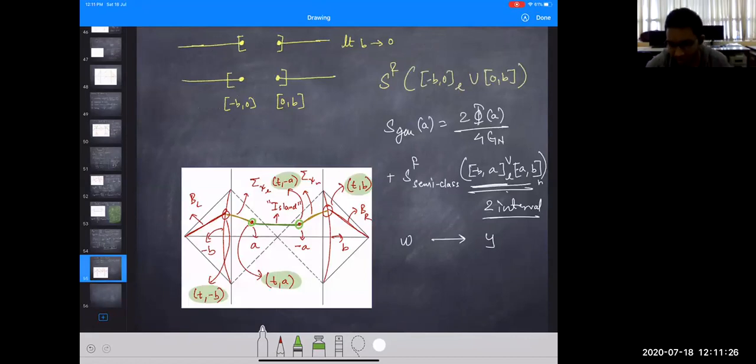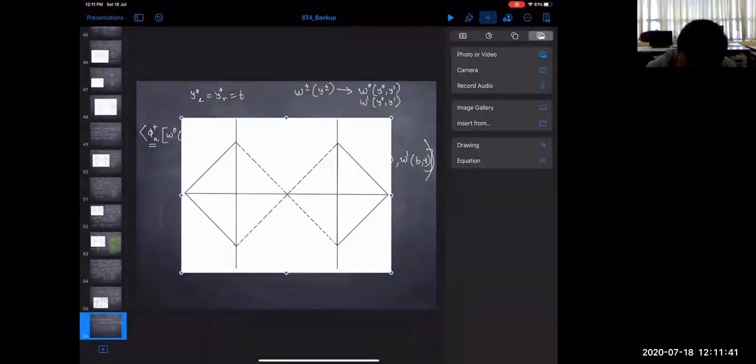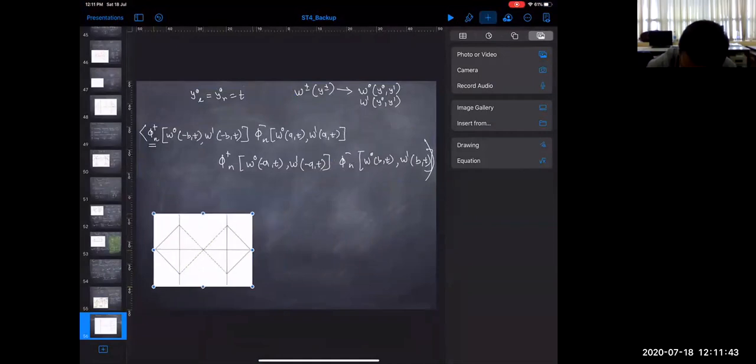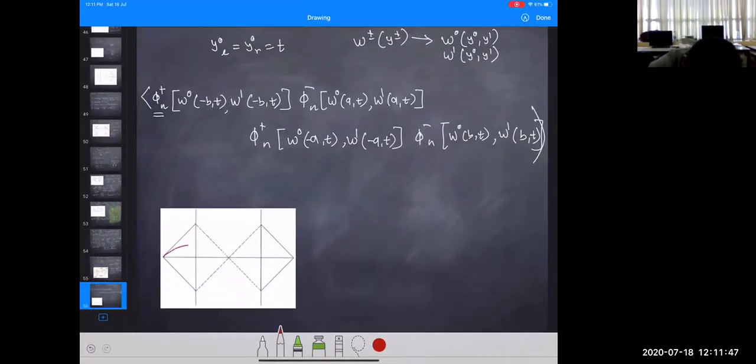All of them are at constant times in Rindler coordinates. So basically I can draw Rindler slices such that all of these points lie on the same Rindler time slice. So maybe I'll just draw it here. Okay, so the Rindler time slices are like this. Okay, and all I'm saying is that the 4 points that we are considering just lie here.